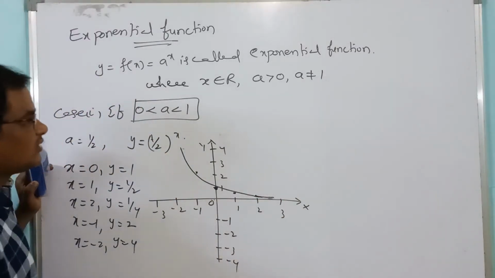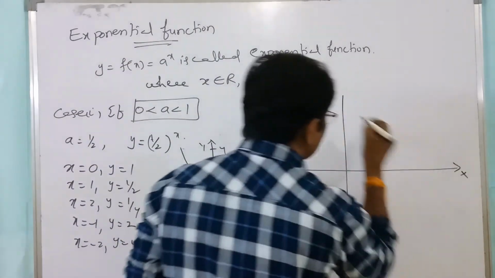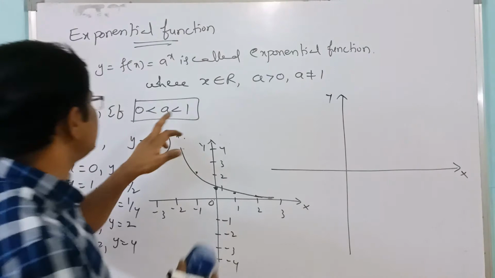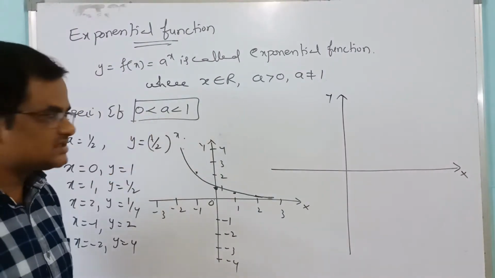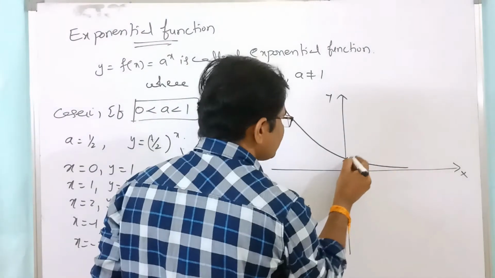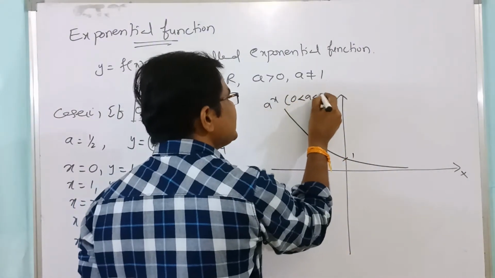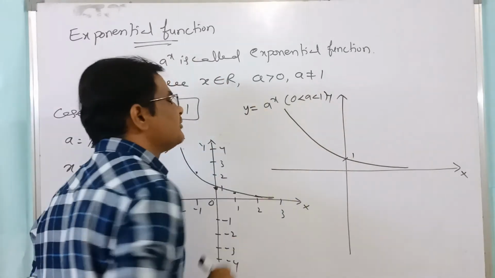Right? Now, the general graph if you draw whenever a is in between 0 to 1, listen carefully, like this you will get. So here 1, so this is a power x, whenever 0 less than a less than 1, y equal to a power x.